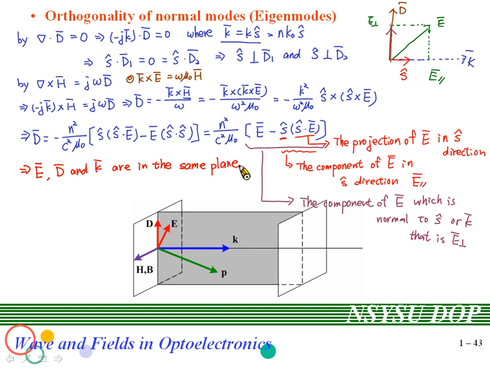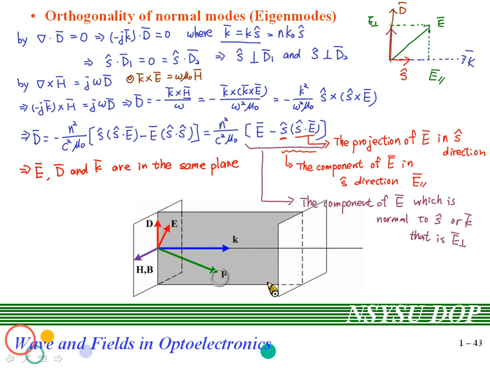Okay? So if we explain this expression by this figure, you will see that the blue one is the K vector, and the orange one, maybe it's orange or not, and this one is the E field. And if you know the K vector and the E field, then you can obtain the D field. And these three vectors are in the same gray plane.